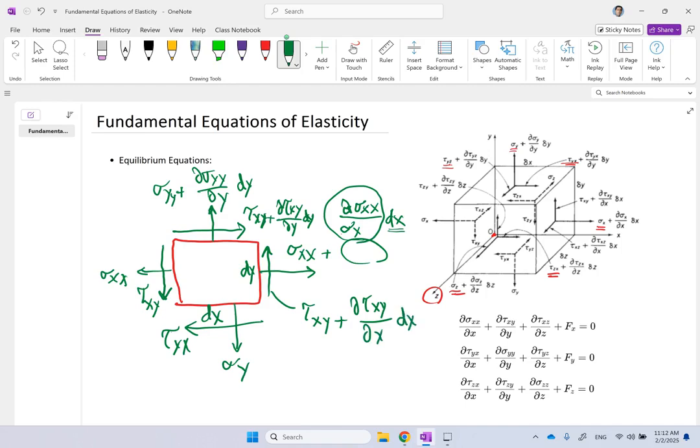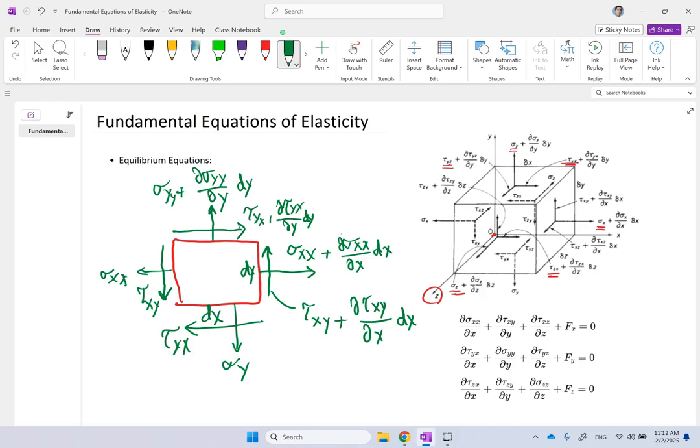Okay, so this is like a 2D version of that, and we can look at it in 3D as well. So as you can see, each component has some increase when you move along x, y, or z.